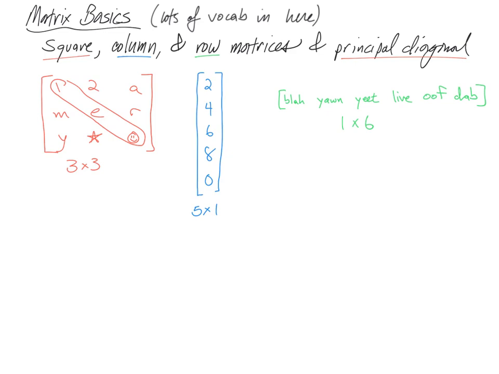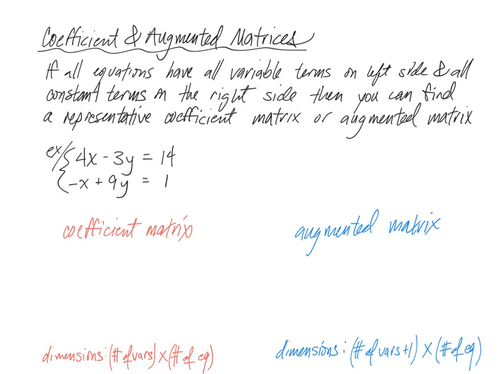Let's move on. All right, we actually get to do something interesting with matrices now. Similar to solving by elimination or by addition, if all equations have all variable terms on the left side and all constant terms on the right side, then you can find a representative coefficient matrix or augmented matrix for a system of equations.